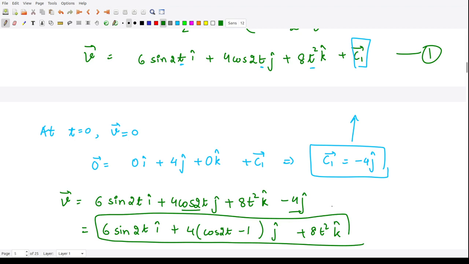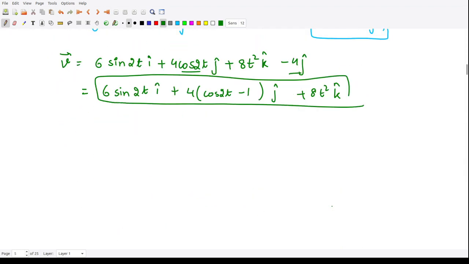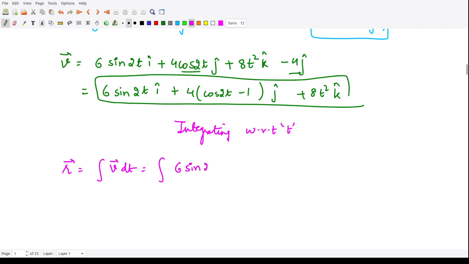Next, let me calculate the displacement vector, which is also calculated by integrating this particular quantity. So integrating with respect to time again, we have the vector r, which would be the integration of vector v dt, so the integration of 6 sin 2t I cap plus 4 cos 2t minus 1 j cap plus 8 t square k cap dt, right?